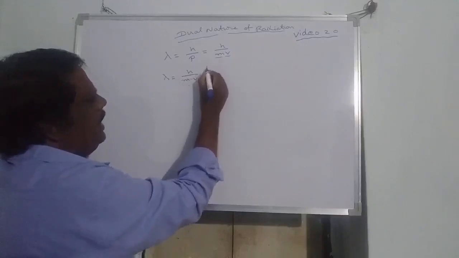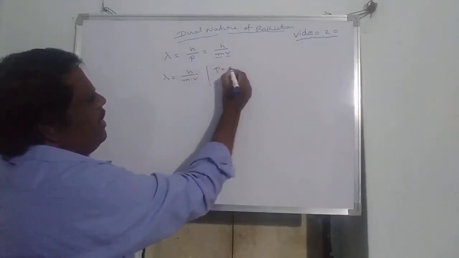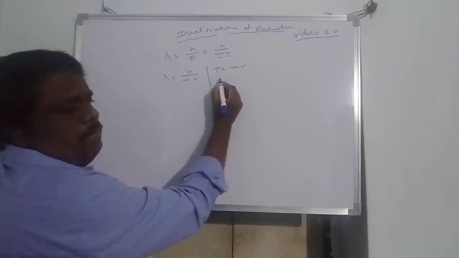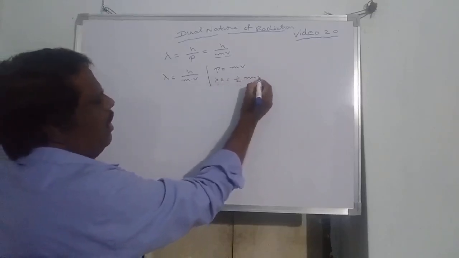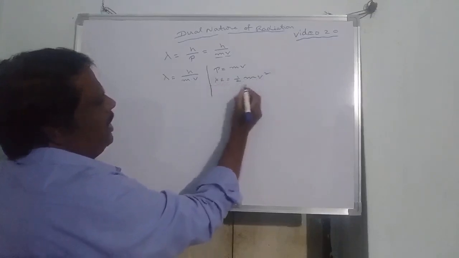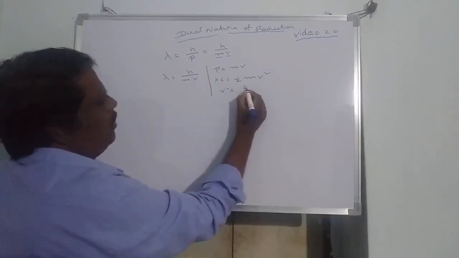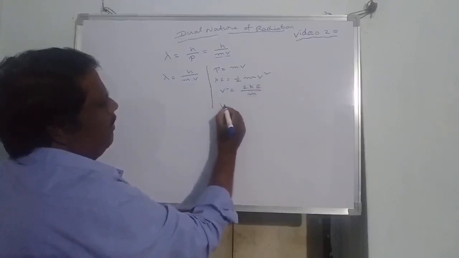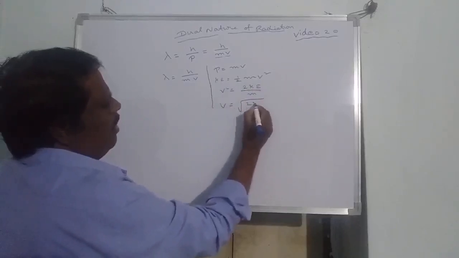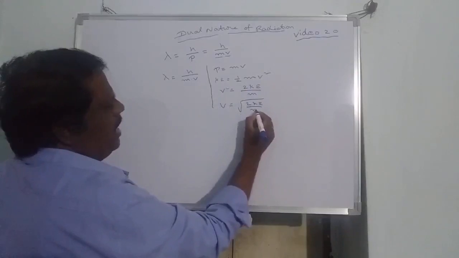Here the linear momentum p is equal to mv, but we know that kinetic energy is equal to half mv square. Here v square is equal to 2KE by m, or v is equal to root of 2KE by m.